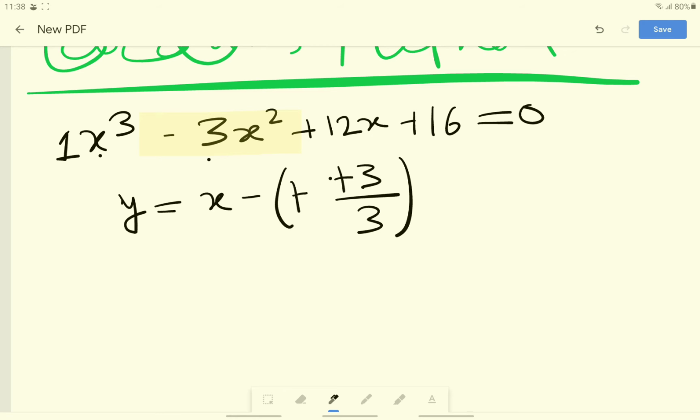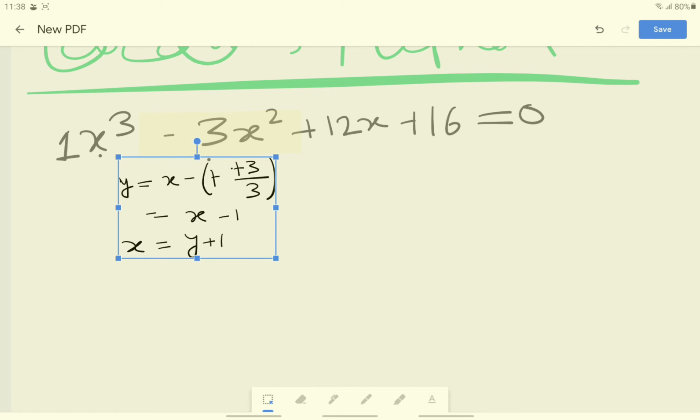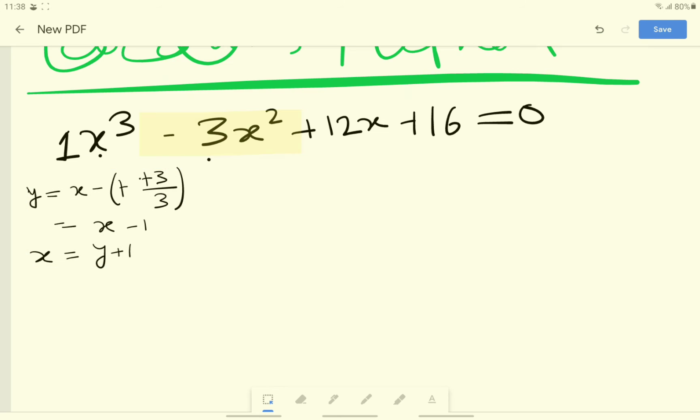Minus minus cancels, it is x minus 1. So x will be replaced by y plus 1.